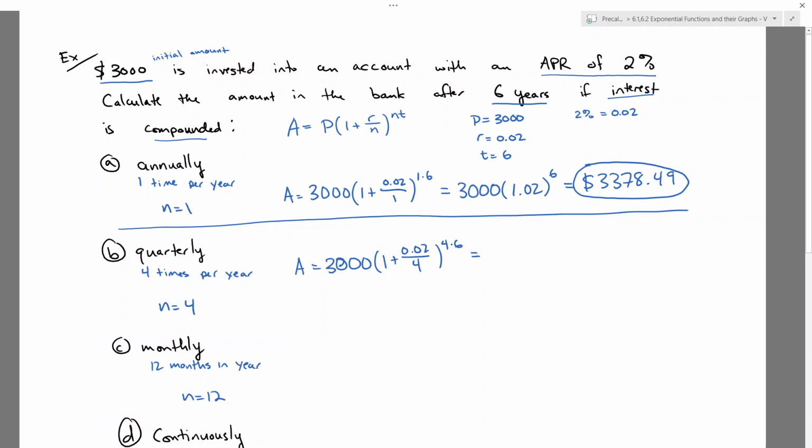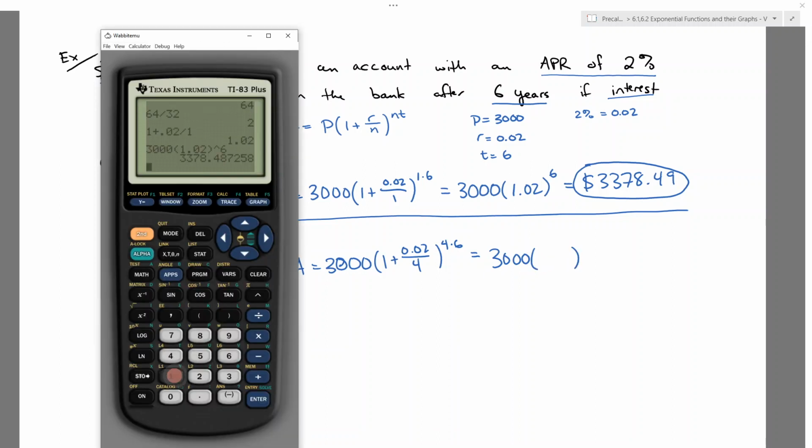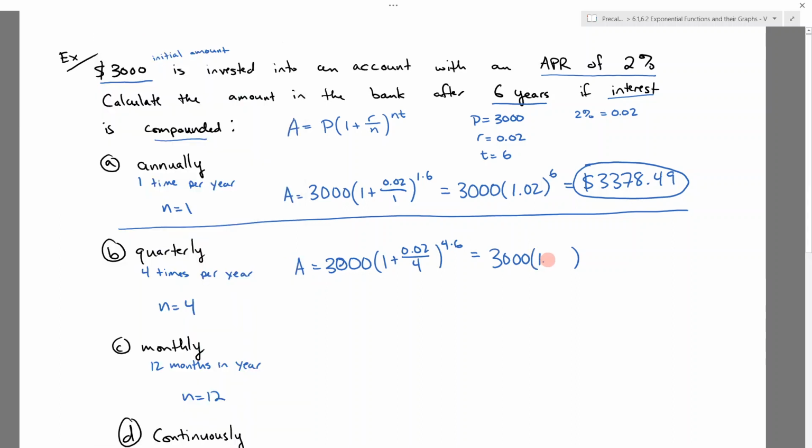Calculating the thing in the parentheses, 1 plus 0.02 divided by 4 is 1.005, and then 4 times 6 is 24.